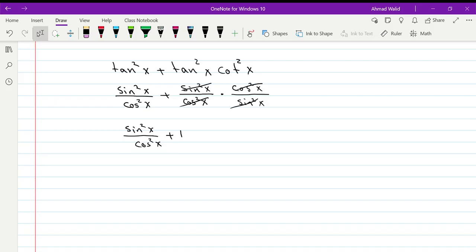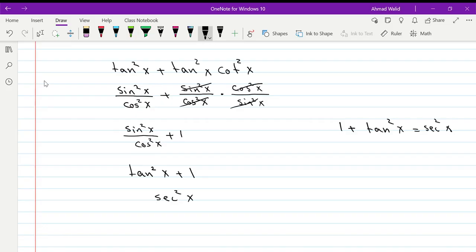Sine square x over cosine square x again means tan square x plus 1. Now, look, I have an identity that 1 plus tan square x equals secant square x, correct? Then instead of 1 plus tan square x, I can write secant square x.